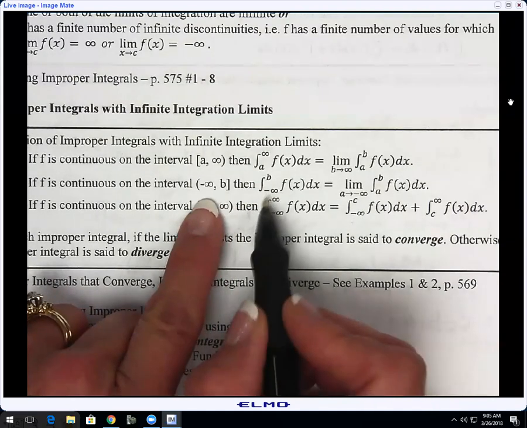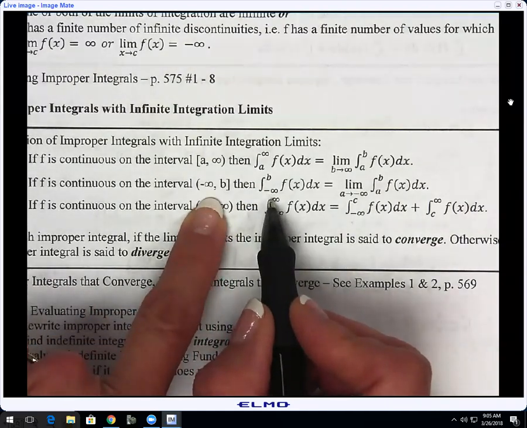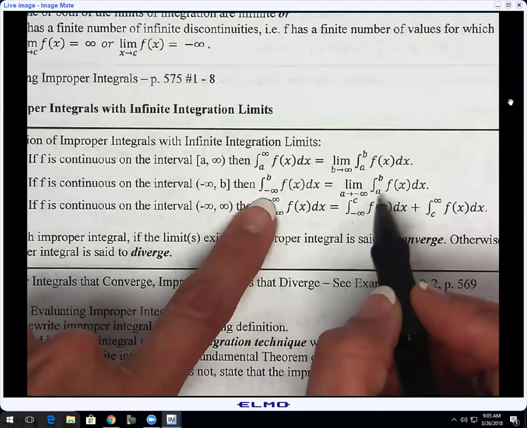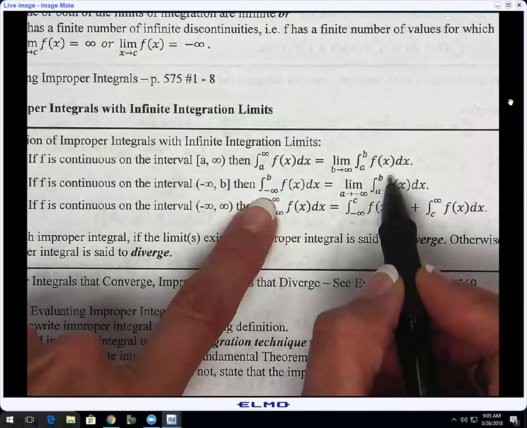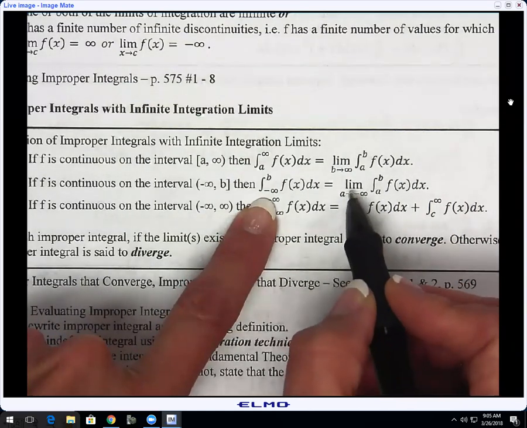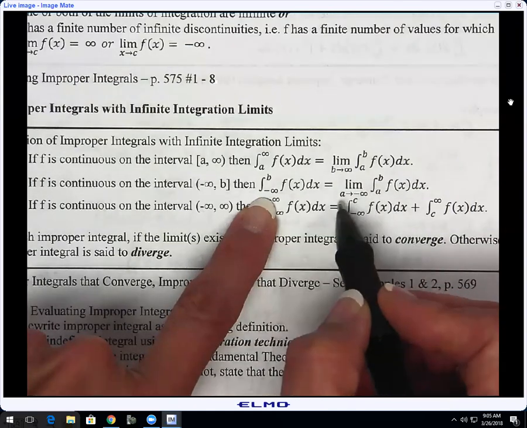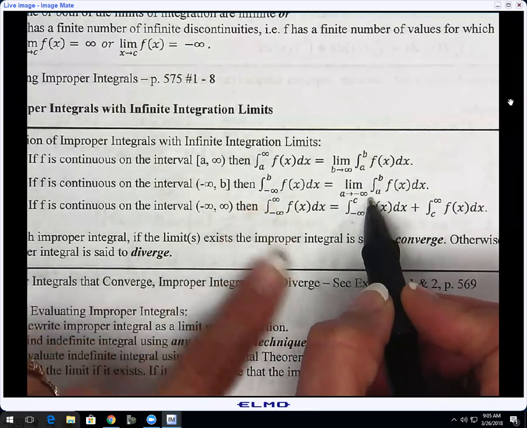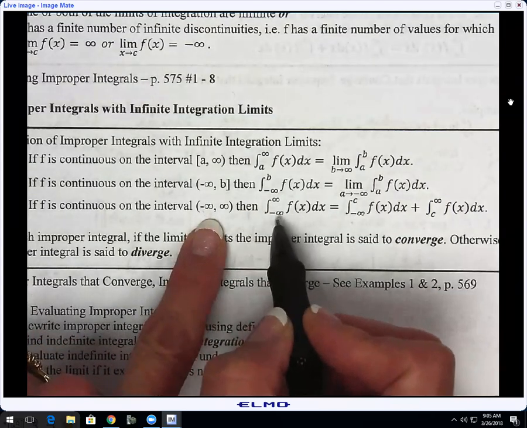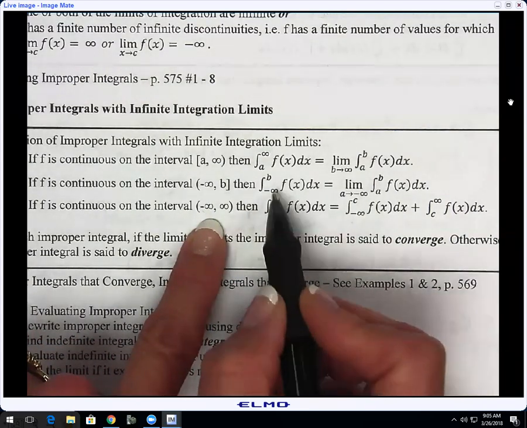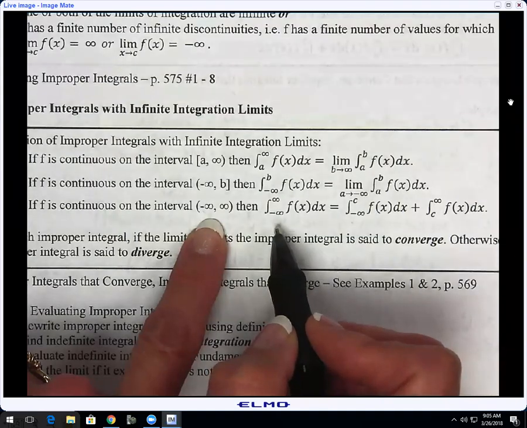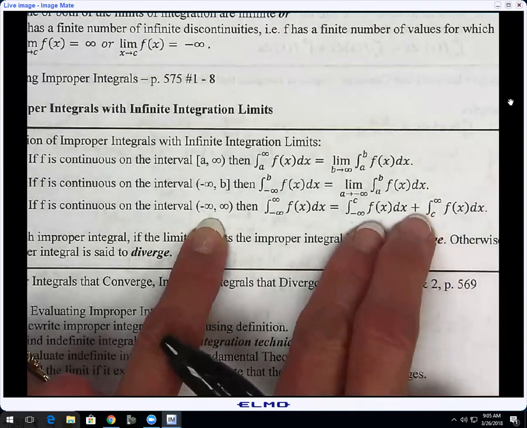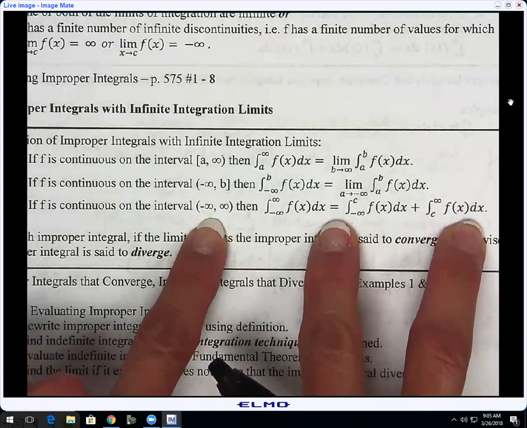Or when our lower limit is negative infinity, again, we're going to change that to the definite integral from a to b, and then we're going to say we're taking the limit as a goes to negative infinity. And if we have negative infinity to infinity as our interval over which we're integrating, we're going to have to split that into 2 definite integrals.